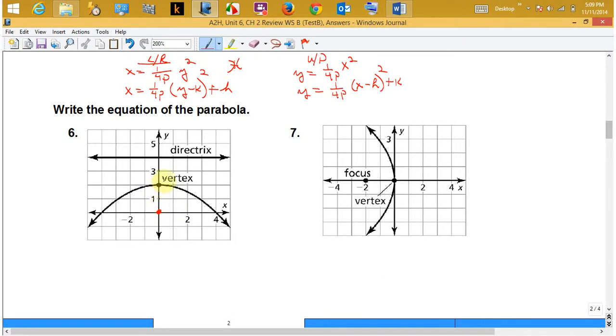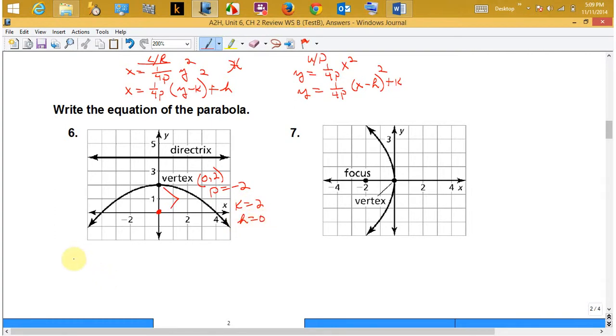So the vertex of this is going to be equal to 0, 2, and the p is the distance between the vertex and the focus, which is a -2. Notice that it's going downward, so p is equal to a -2. So I have that much, and since the vertex is at 0, 2, we can find out that k is equal to 2, h is equal to 0.